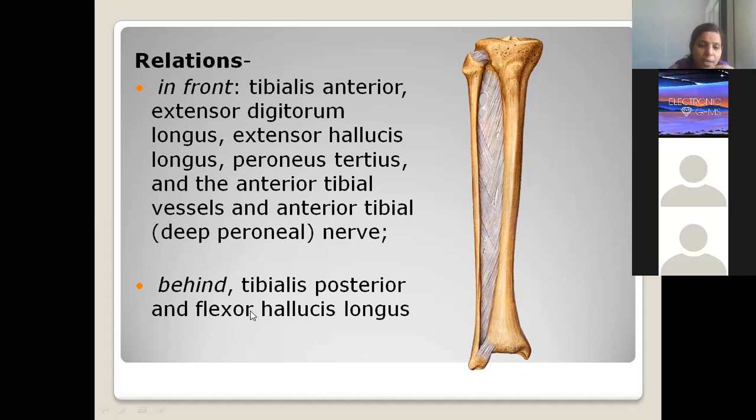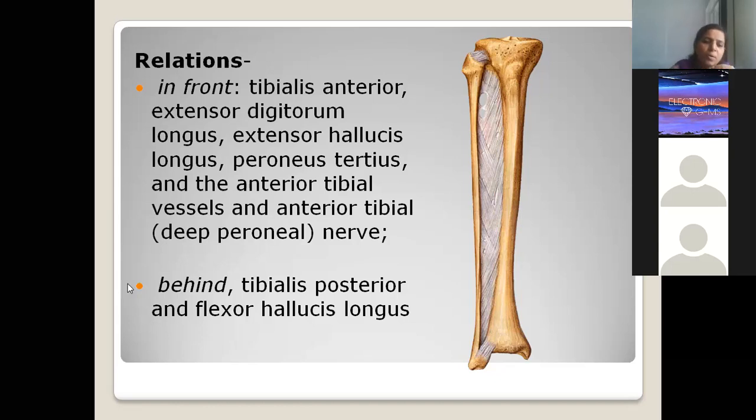Okay. So behind, I also gave you one code, like Tom, Dick, Harry, if you remember. Deep posterior compartment of the leg. What are the muscles we see, from superficial to deep? Gastrocnemius, soleus, flexor digitorum longus, flexor hallucis longus, tibialis posterior.